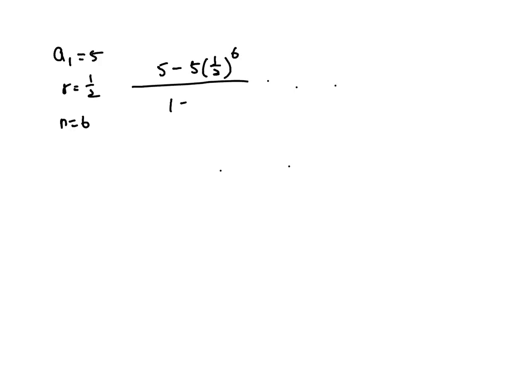This one's pretty nice. So you have a1 equal to 5, r equal to 1/2, and n equal to 6. So this one's pretty straightforward. 5 minus 5 times 1/2 to the 6th power over 1 minus 1/2. I'm going to punch the top in the calculator. 5 minus 5 times 1 over 64.